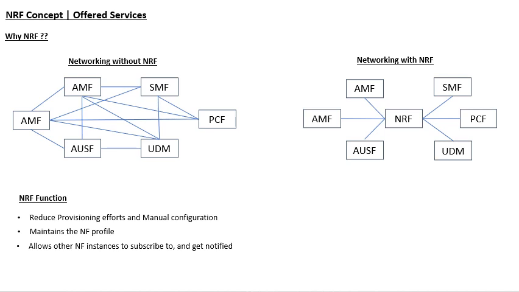As soon as the NRF becomes aware that a new CHF instance is live in the network, it sends a notification to the PCF saying that a new CHF is live. This is called subscription and notification.